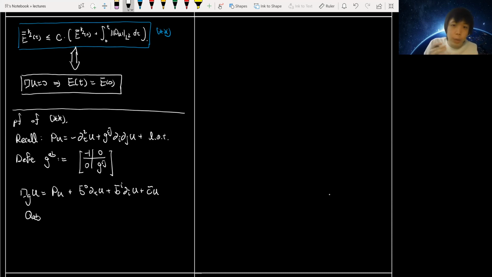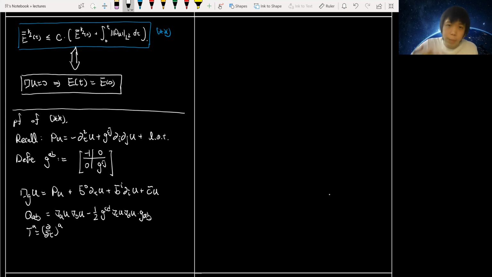And we write down the stress energy tensor corresponding to this Lorentzian metric g, Q_CD, and T is still the vector field d/dt.